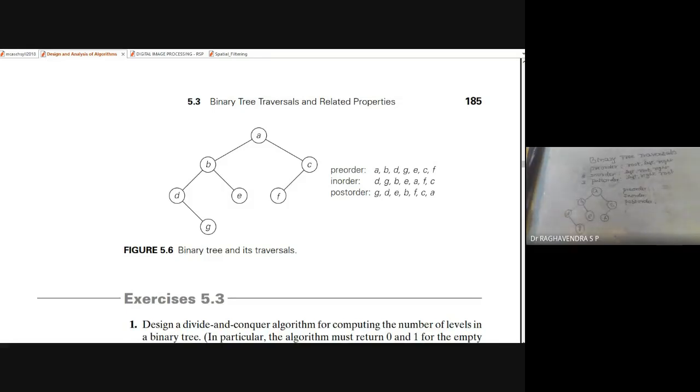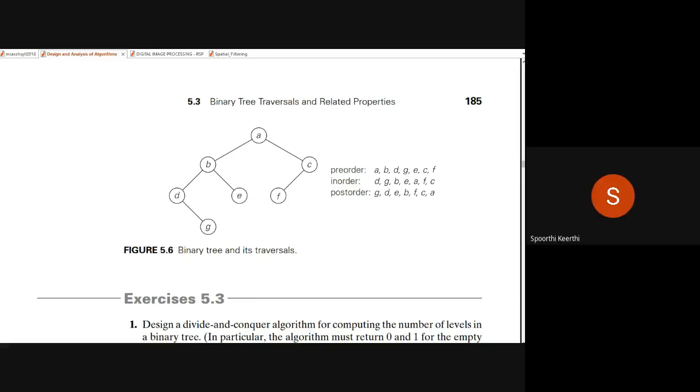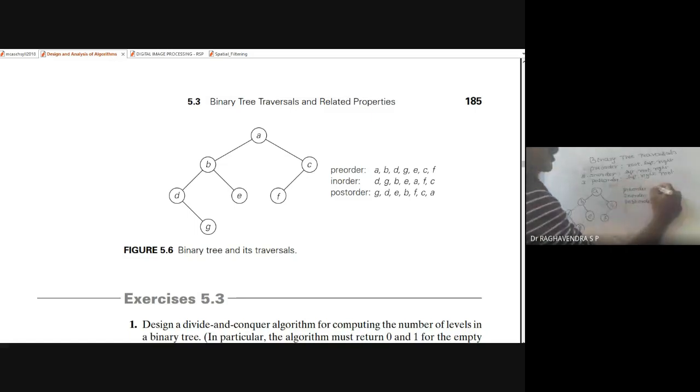Can anybody tell me? Let us first come to pre-order. In pre-order, first the root. Which is the root? A. So first A comes. Next root again, B is also a root, that is why B. Then we have another root here, D. Then after root we shall go for left. There is no left over here, but we have right here, that is G. Then the root is visited, so what remains?